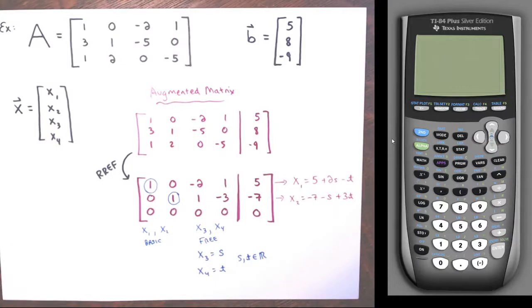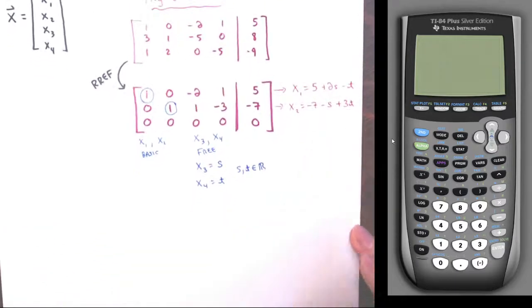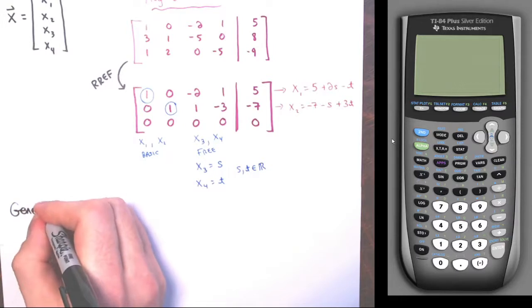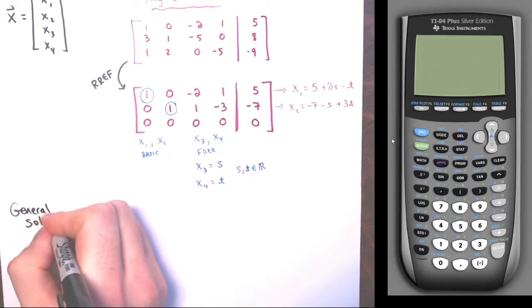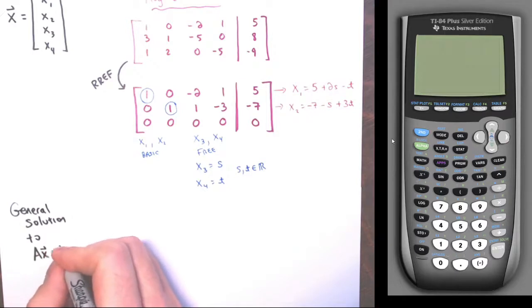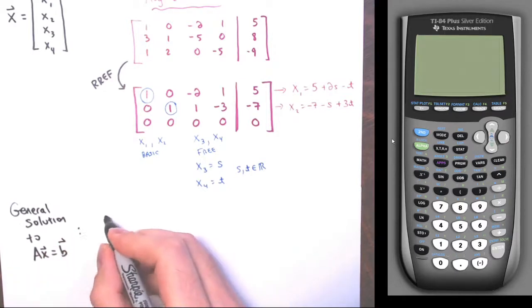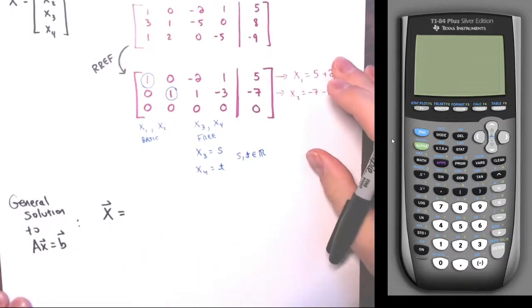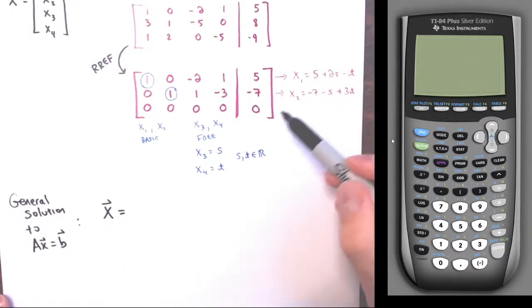Alright, and then we put this all together, and we can write our general solution. So the general solution to Ax equals b will be the following. x equals... I've got x1, x2, x3, x4 listed here.